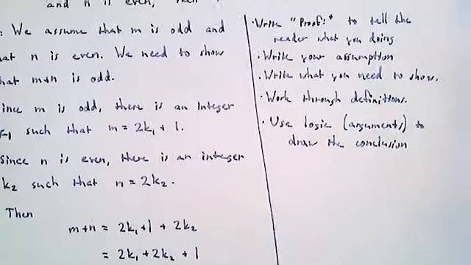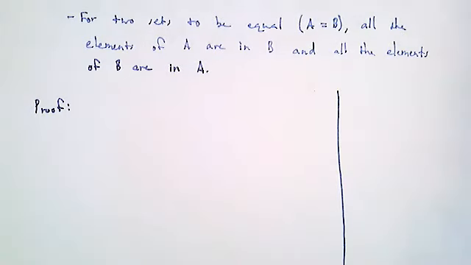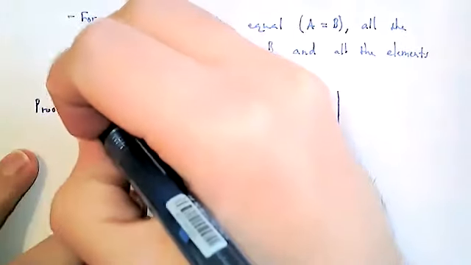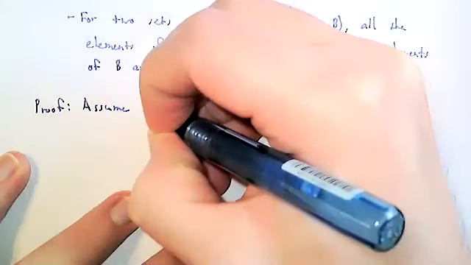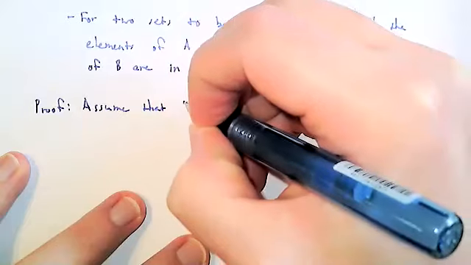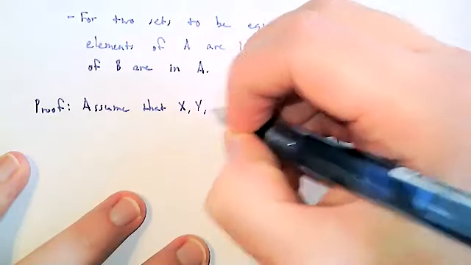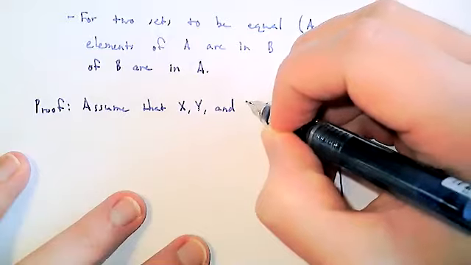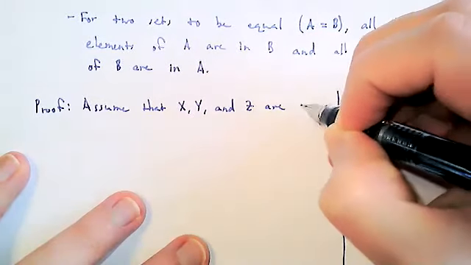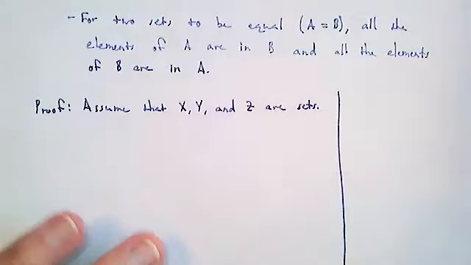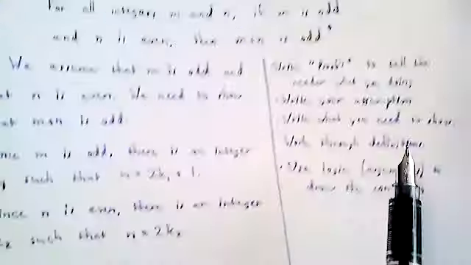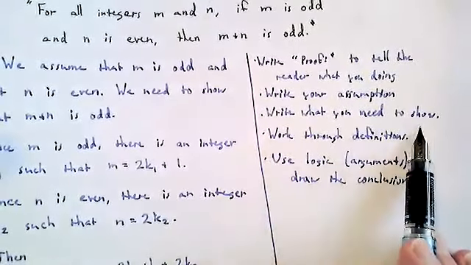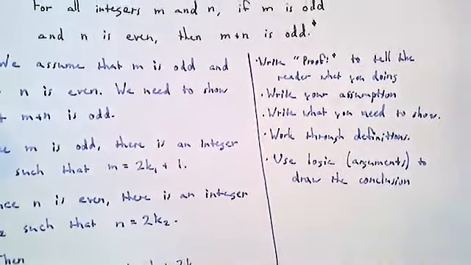In this case, we're just assuming that x, y, and z are sets. And now we need to tell the reader what we're trying to conclude, what we need to show in our proof.